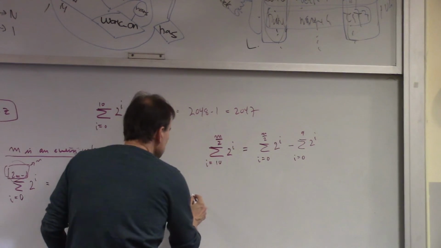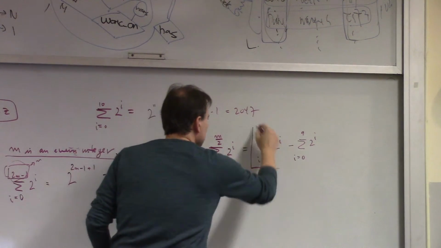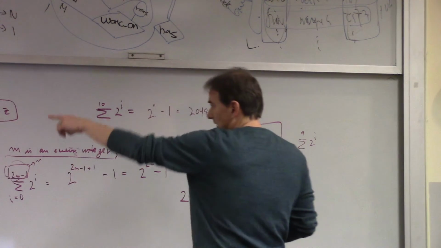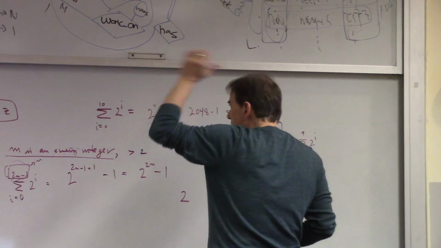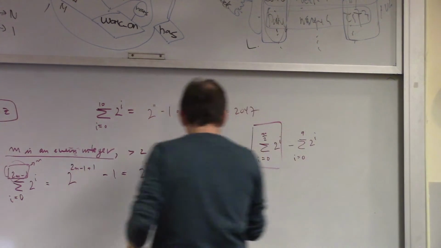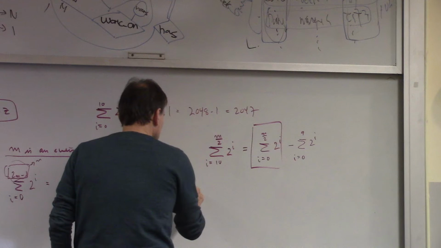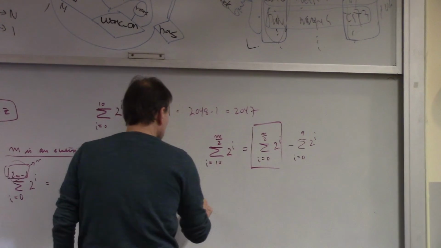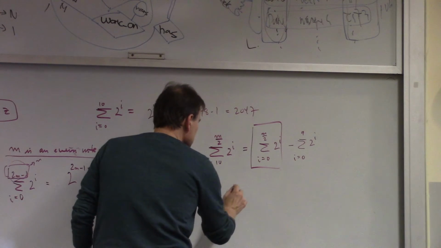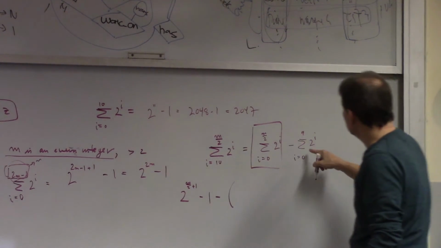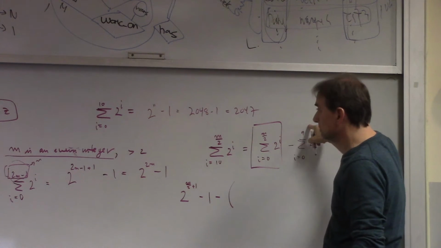Let's do this one first. So this is going to be 2 to the power of m over 2 plus 1, minus 1, minus, open a parenthesis, and now we're going to have the sum of 2 to the i from 0 to 9.